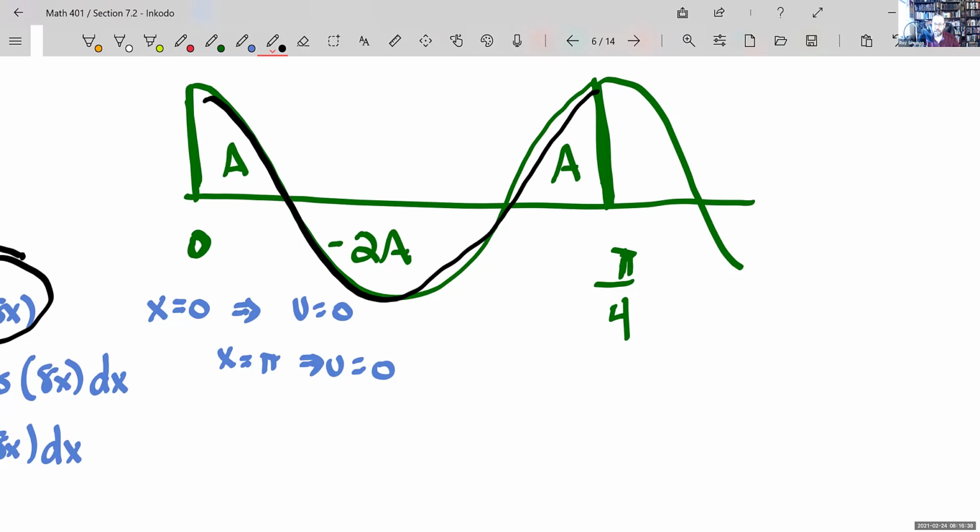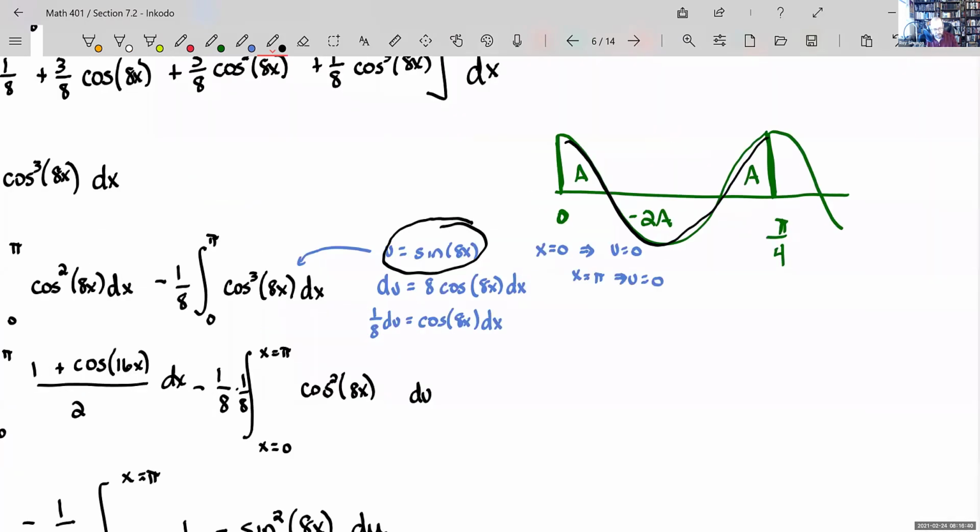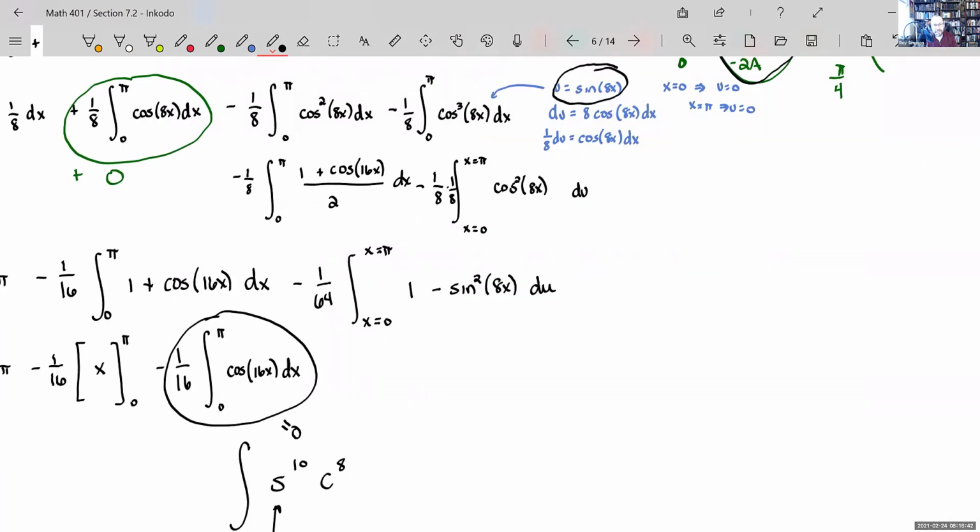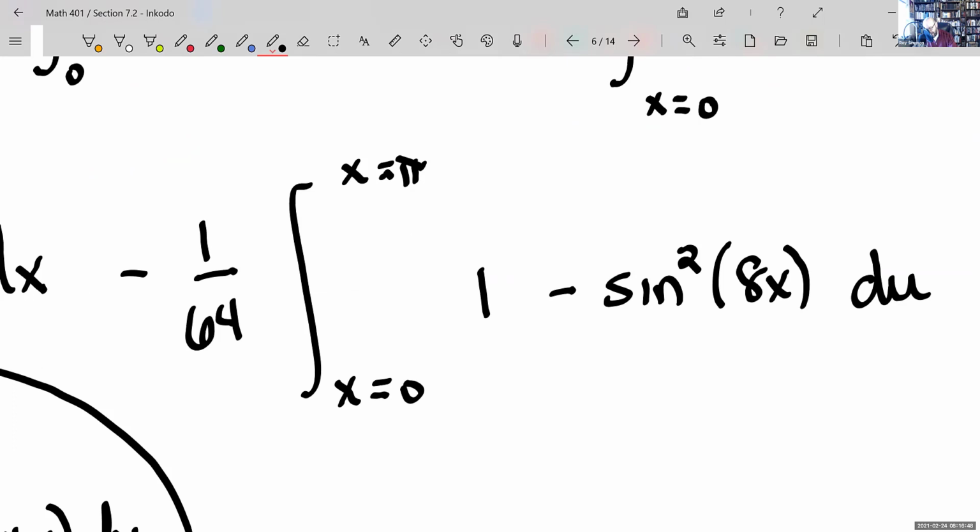In cases where cosine has an odd power, it will always be 0. Let me clean that up and say, in cases that the cosine has an odd power and the argument is an integer, like 8x, or actually it has to be an even integer, so 2, 4, 6, 8, 10, that type of thing, will it be 0? As long as you're going from like 0 to pi or 0 to 2 pi, yep, it will.